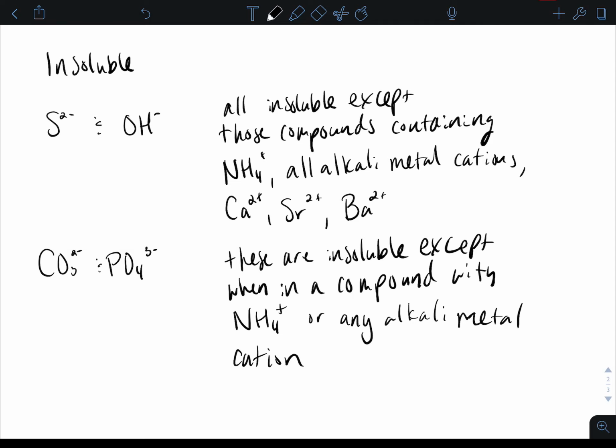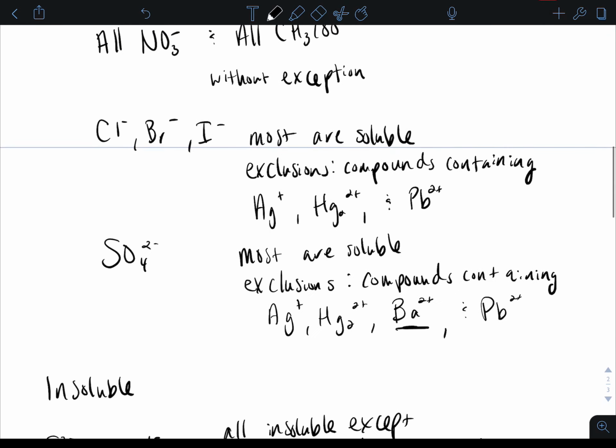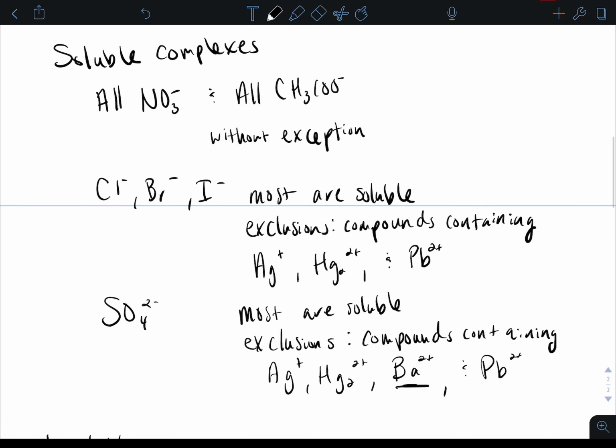As a note, our ammonium and alkali metal cations are also substances that are going to be always soluble. I should have added this here, but here we go.